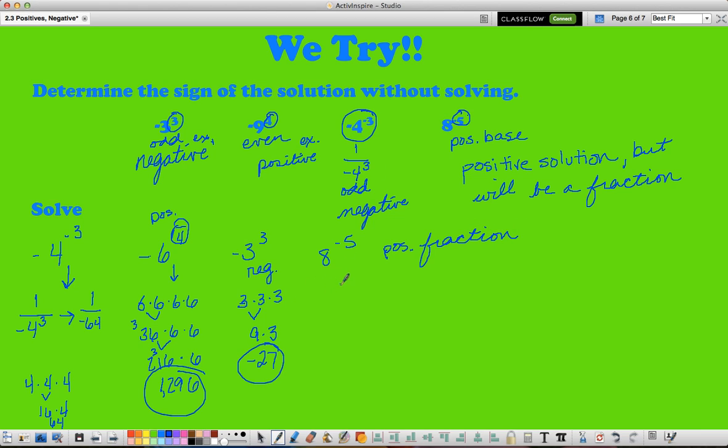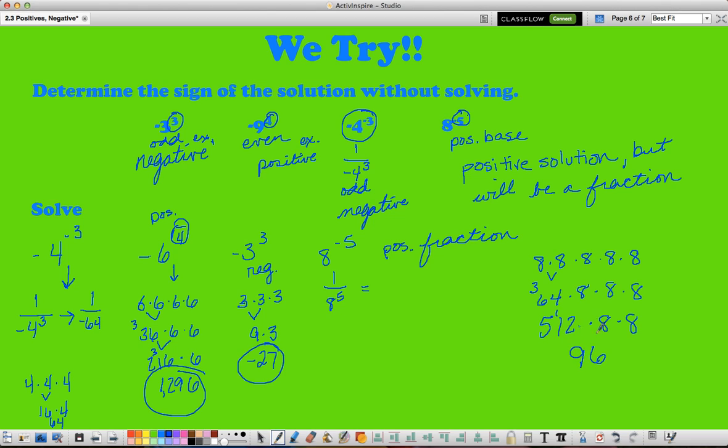All right, so you have to turn it into a fraction, so it turns into 1 over 8 to the fifth. And we go ahead and we solve. So 8 times 8 times 8 times 8 times 8. 8 times 8 is 64. 4 times 8 is 32. Carry the 3. 6 times 8 is 48. 49, 50, 51. 8 times 2 is 16. Carry the 1. 1 times 8 is 8.